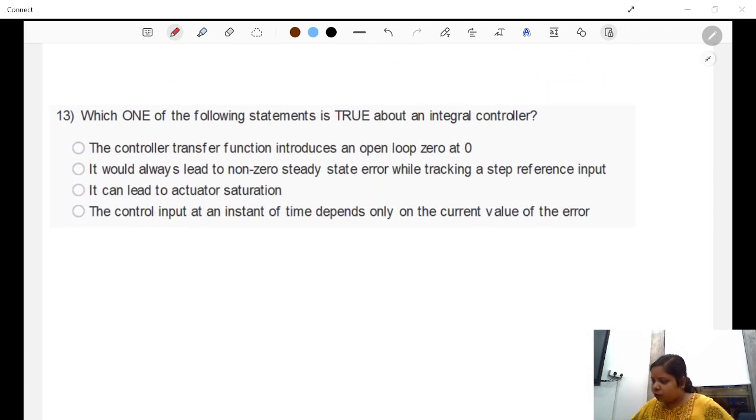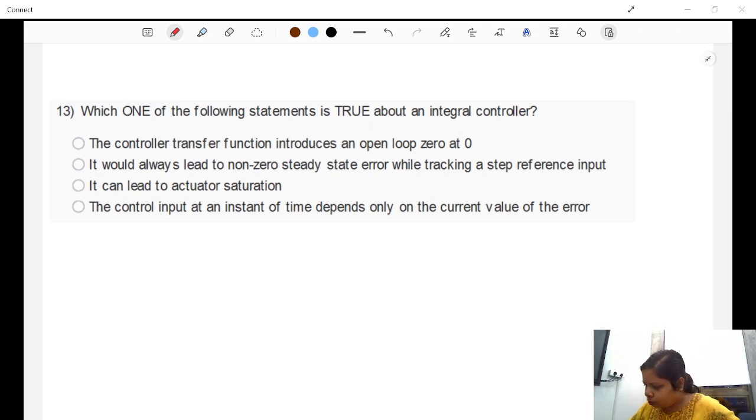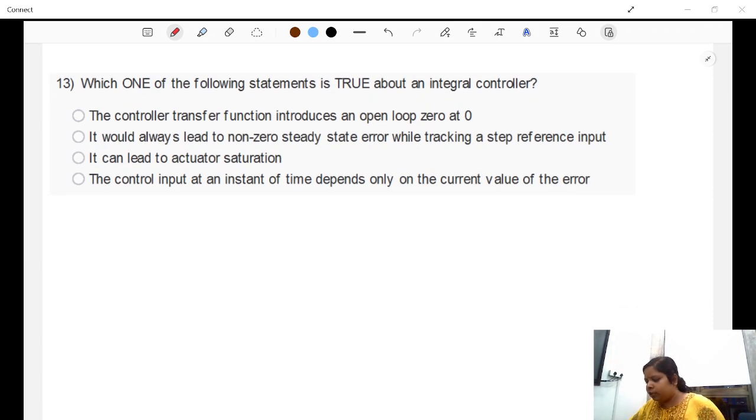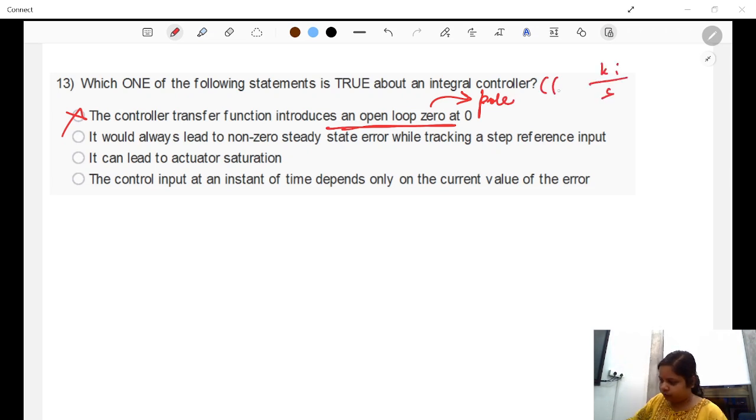Which one of the following is true about an integral controller? We already saw that it does introduce an open loop 0. This is wrong because it introduces an open loop pole, because Ki upon s is the transfer function. It would always lead to non-zero steady state error.